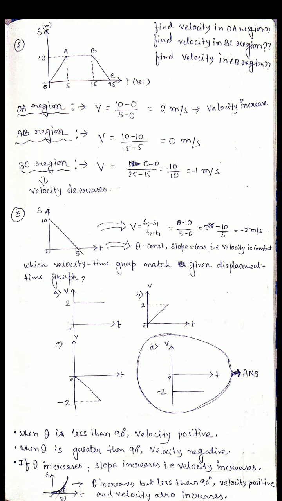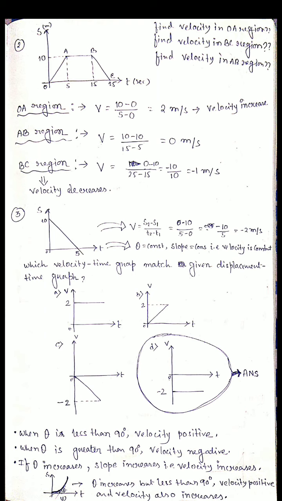So which option is correct? The fourth one, because the first one is positive, the second one also positive. It is not happening because it's coming negative. And option C, it is negative but it is not constant. Velocity is constant, but in this case in the negative region velocity increases. So only D has its value constant and negative also.